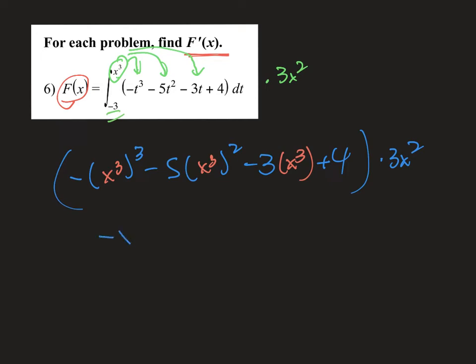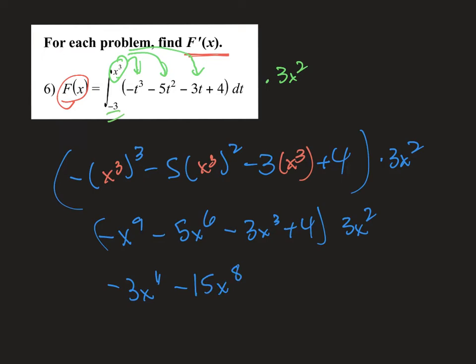So this is going to be negative x to the 9th minus 5x to the 6th minus 3x cubed. That's a terrible looking 3. Let me fix that real quick. Plus 4, and then we're going to distribute this 3x squared. So what are we talking here? Negative 3x to the 11th minus 15x to the 8th minus 9x to the 5th plus 12x squared. And that'll do it.